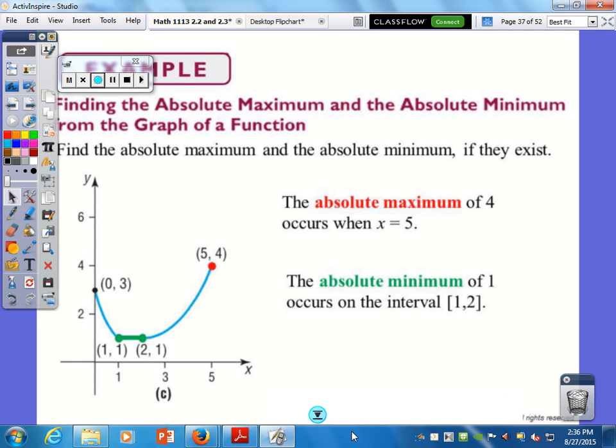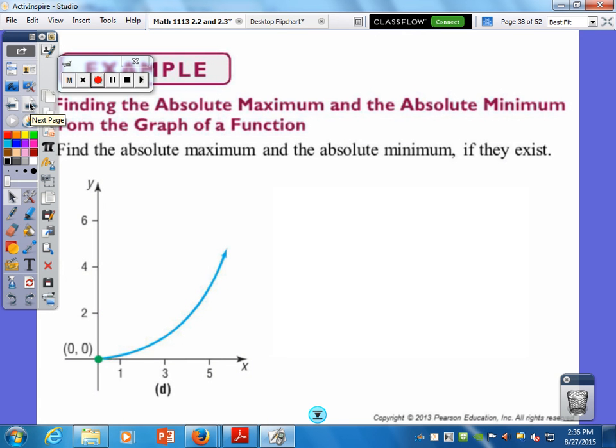We'd have to define it as that interval. The absolute minimum occurs over the interval from 1 to 2. So the absolute minimum is identified as a y value of 1, but it occurs on the interval from 1 to 2. So just a more explicit explanation of that definition.